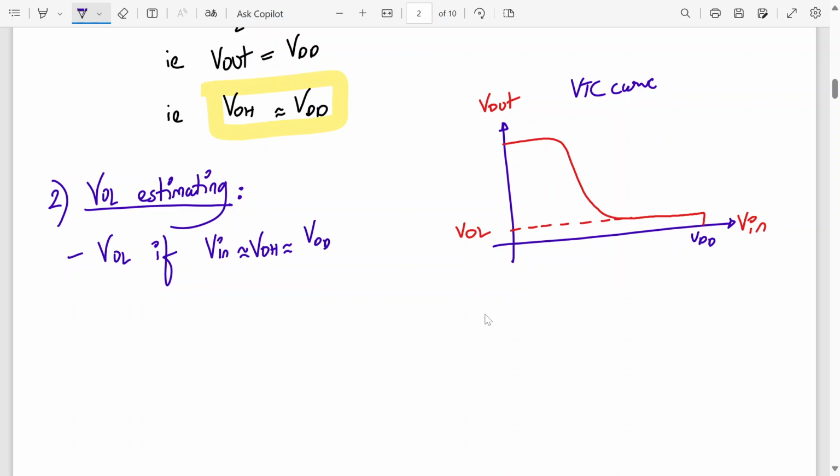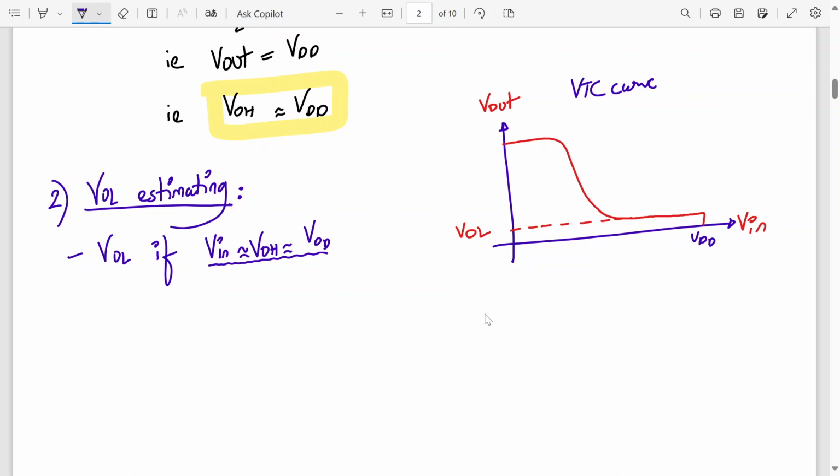Alright, so in that case, when we are finding VOL, what is V out? Well, here we assume that V in is approximately equal to VOH, which is equal to VDD.